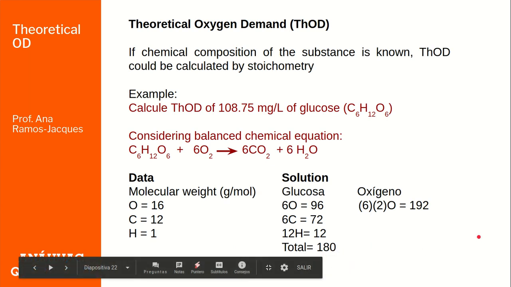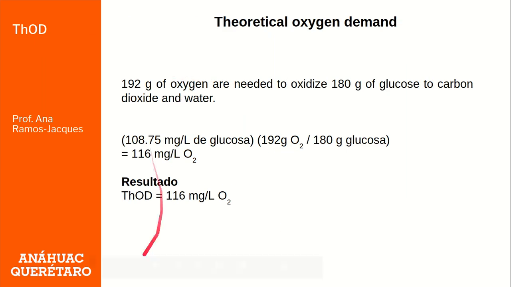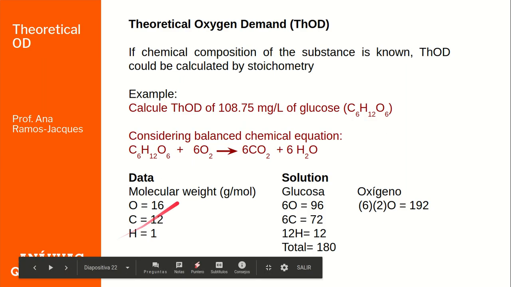So we are talking about diluted oxygen, but we have not calculated the diluted oxygen. So we have in here the theoretical oxygen demand. This is a pure calculated value.